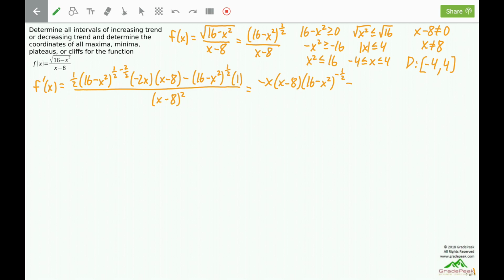And then the second term, minus, it's an expression times 1. Anything times 1 is that same thing, so it'll be just 16 minus x squared to the positive 1/2 power. All this is over the denominator that'll be left alone because it is technically already factored.